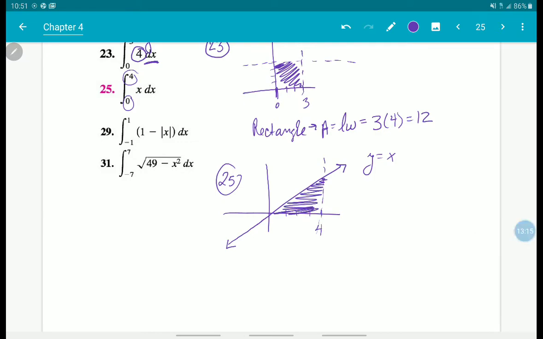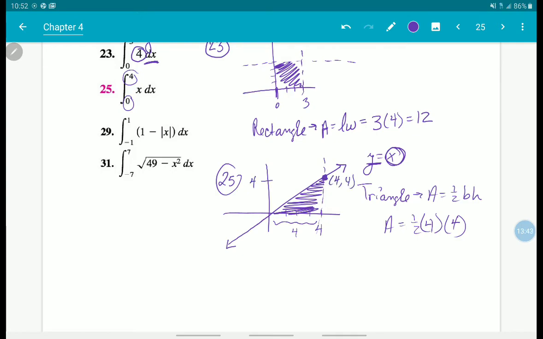That is a triangle. So to find out the area of the triangle is 1/2 base times height. In this case, our base is 4. And then our height, if we were to plug a 4 in here, we're going to get a 4 out. This point is at the point (4, 4). So that's going to give us an 8.